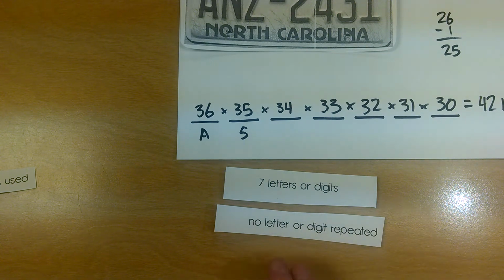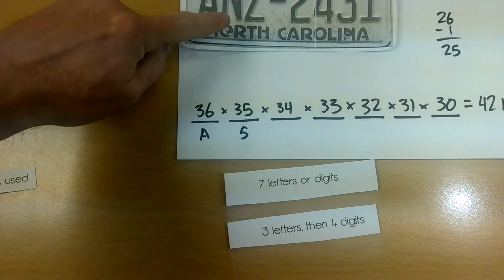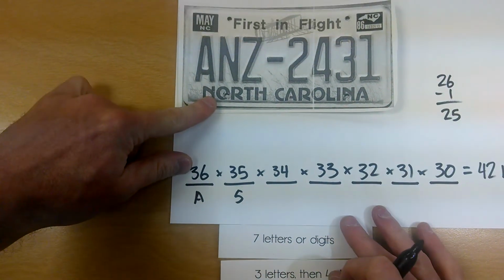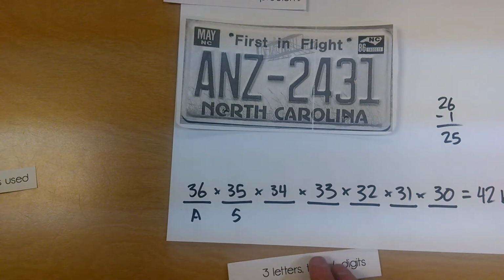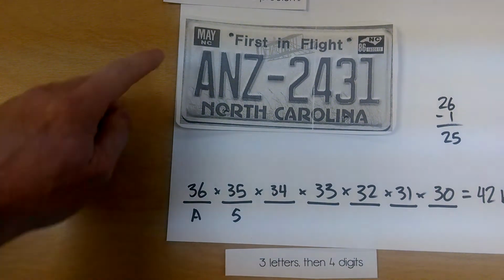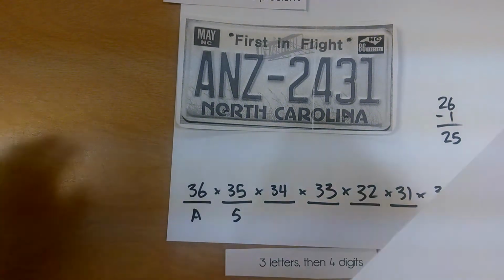Okay, so let's get a little more realistic. Let's say we want it to look more like this license plate here. Okay, let's say we want 3 letters and then we want 4 digits.